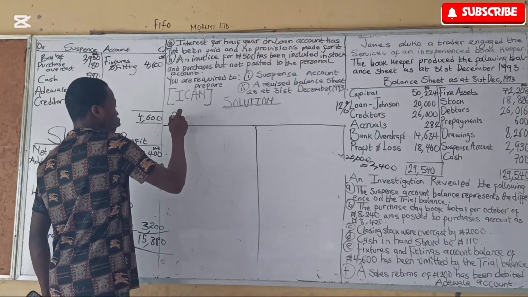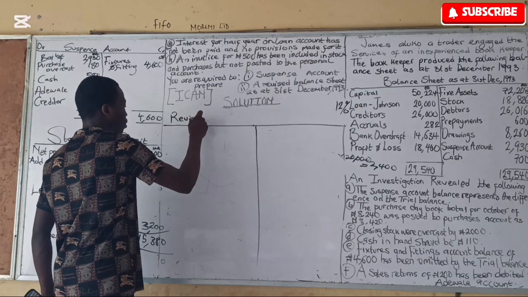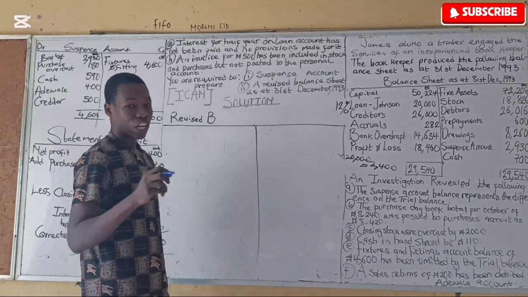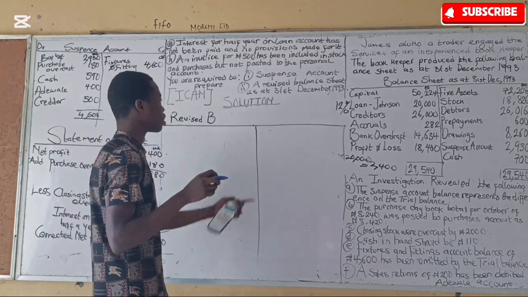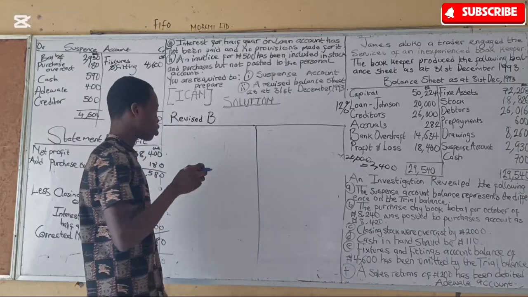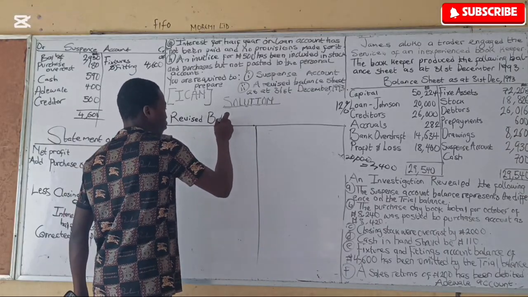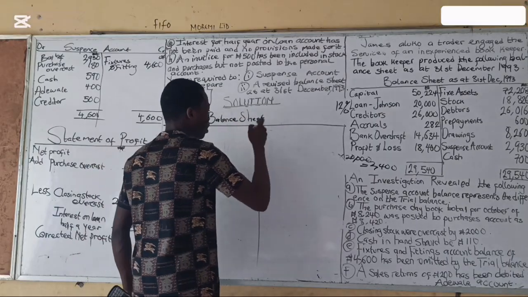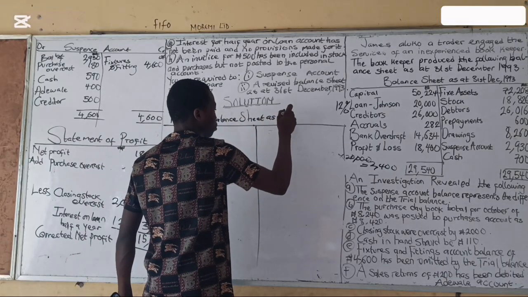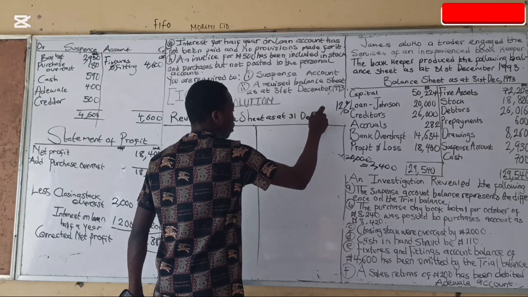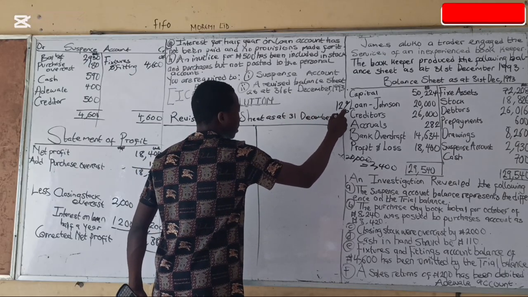Now, what will be written up here is revised balance sheet, that is statement of financial position. As a higher institution student, it's going to be revised statement of financial position. Note that. Revised balance sheet as at 31st December 1993.